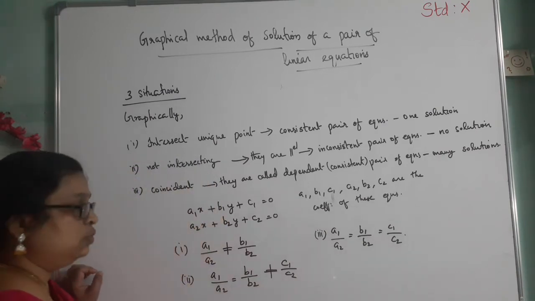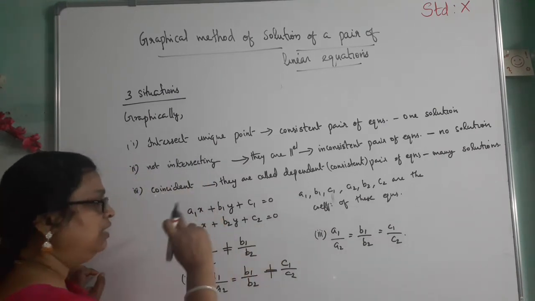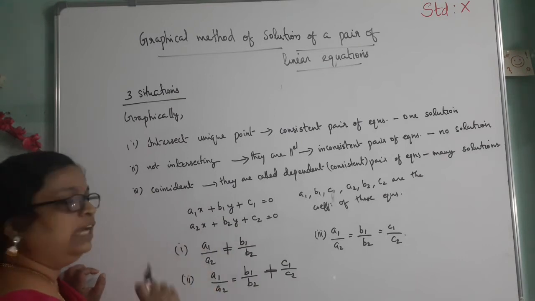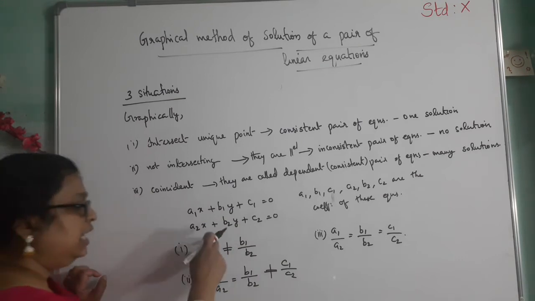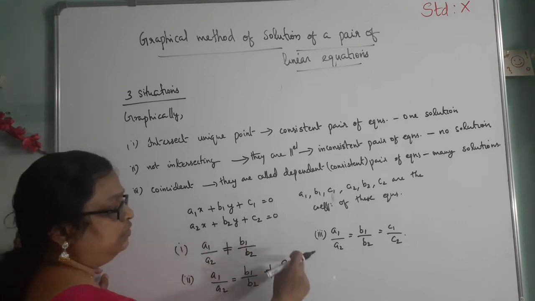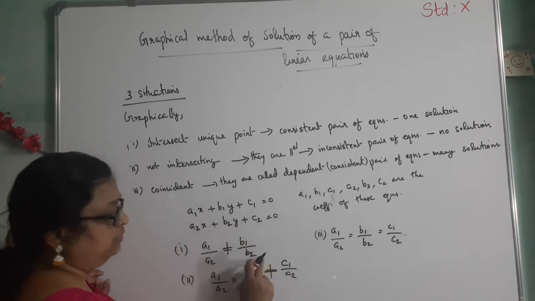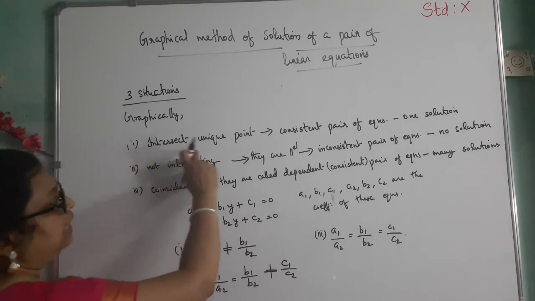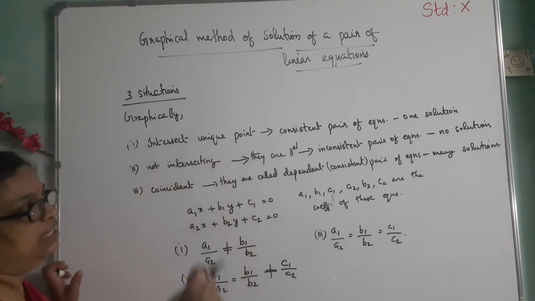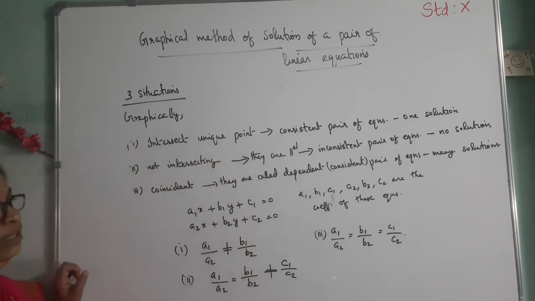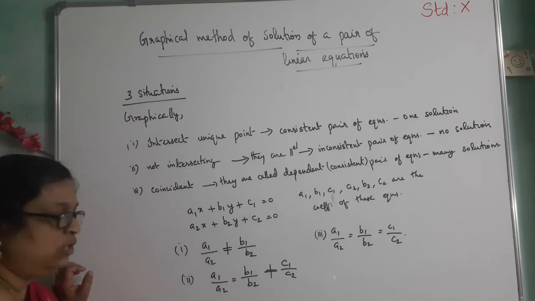The converse is also true. If two equations are given, we can write a1, b1, c1, a2, b2, c2 and then compare a1 by a2, b1 by b2, c1 by c2. If a1 by a2 is not equal to b1 by b2, we can conclude that they intersect at one point, it is a consistent pair of equations, and they have one solution.